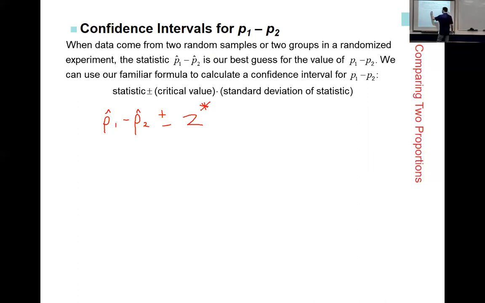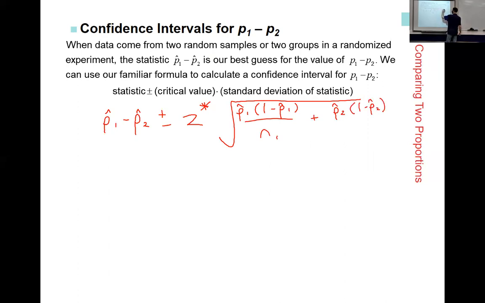Or we'd think about adding our variances. And we would just get this formula. That's how this formula is getting built.